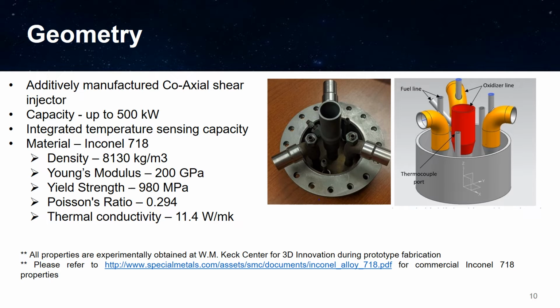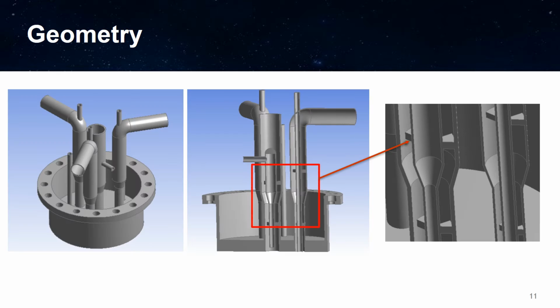I got the thermal conductivity from specialmetals.com. They're a manufacturer for Inconel, but the density, Young's modulus, yield strength, and Poisson's ratio are basically taken from the Keck Center.